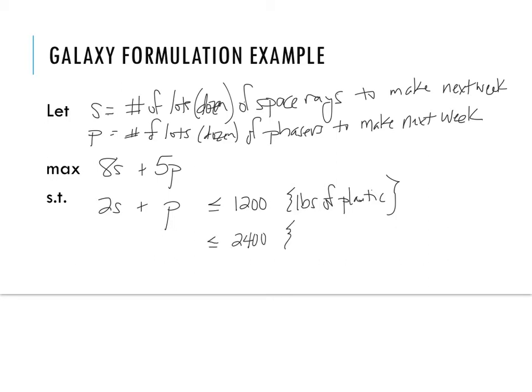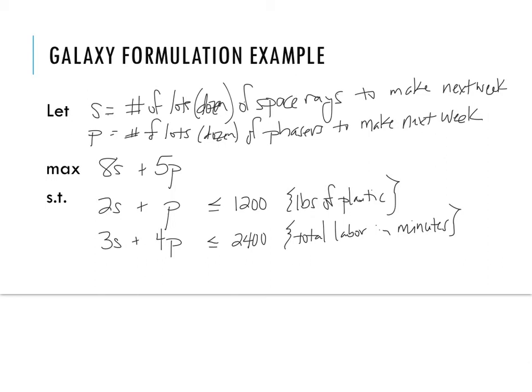And then over here we need to make sure we say this is total labor in minutes. And it takes 3 minutes for each lot of space rays and 4 minutes for each lot of phasers that we do. So those were the 2 resource constraints that we need to deal with.